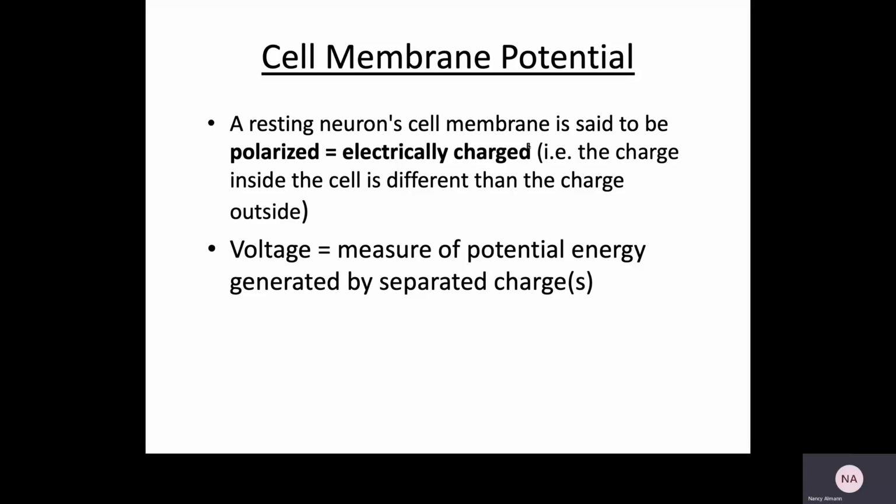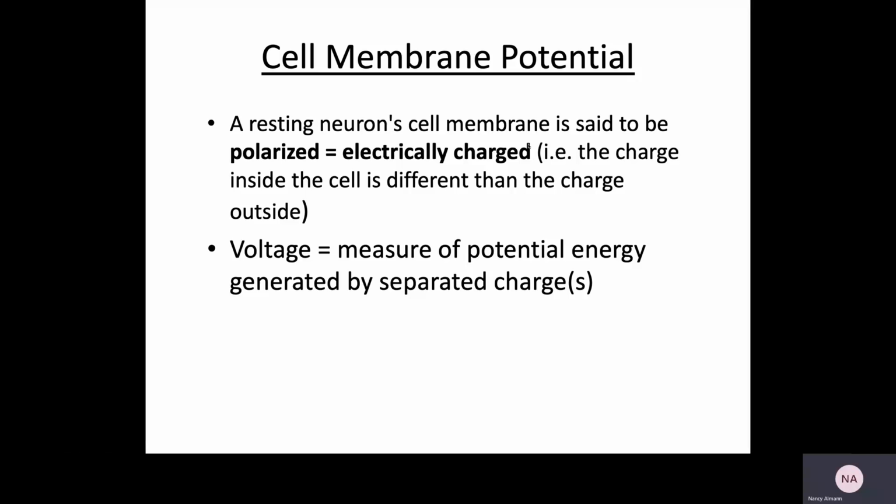You will remember that ions are charged particles, and there will be a different charge inside the cell than outside of the cell because of the difference in ions on either side of the cell membrane. And we're talking about tiny little differences. We're not talking about major differences. We're talking about millivolts, so a thousandth of a volt.